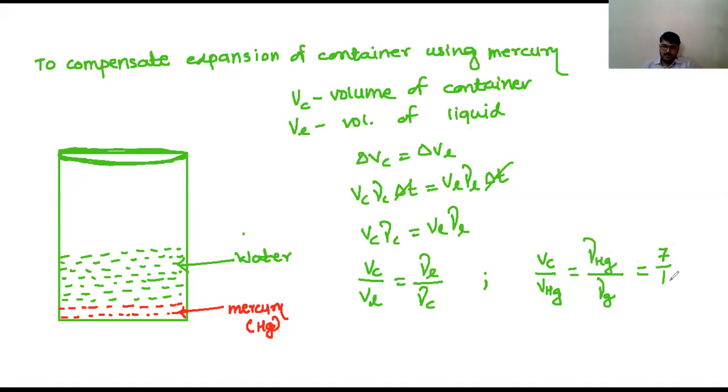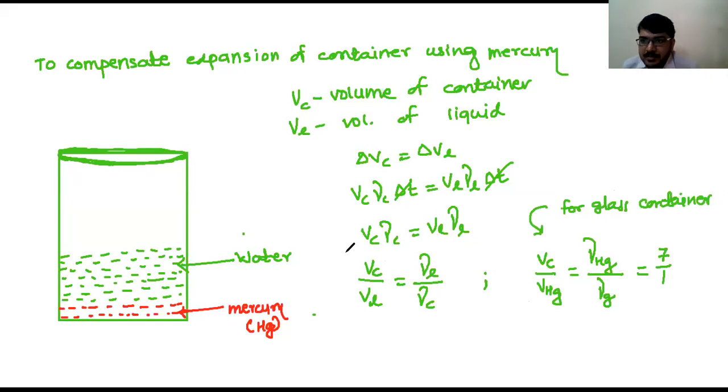Vc by V of Hg is equal to this, because you can see in this formula, this is the container. I have replaced the container. Liquid now means Hg, the mercury. And this container is glass. For the glass container, this is the case. Can you see?